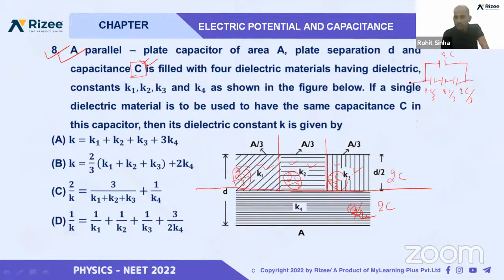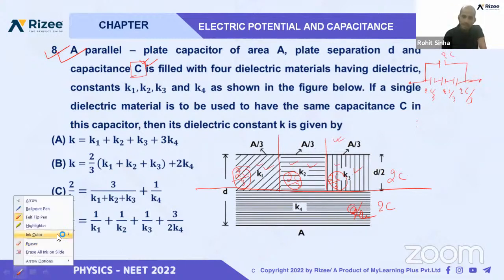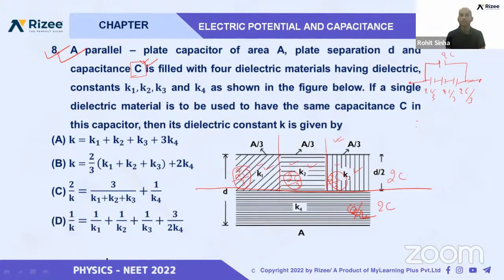If you take the equivalent, you will get C. Okay, this is the method of cutting. Now in the question it is telling that we are filling with dielectric. Any problem to anyone till here?